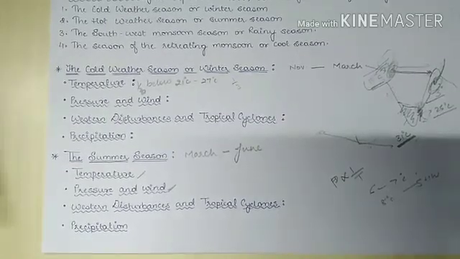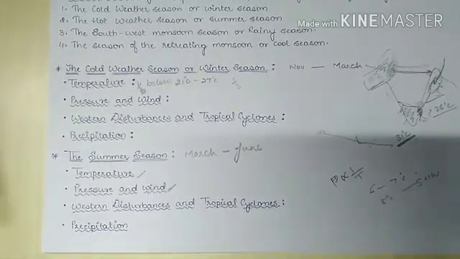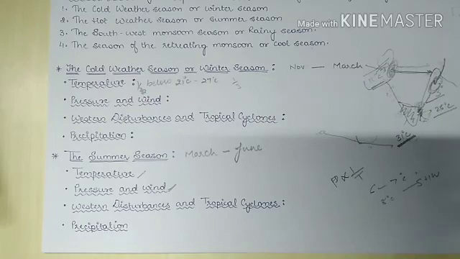Now, during this time, we have a most remarkable feature, that is Lu. Lu is a warm local wind, and it blows in the northwestern part of India, that is Rajasthan, Punjab, Haryana.